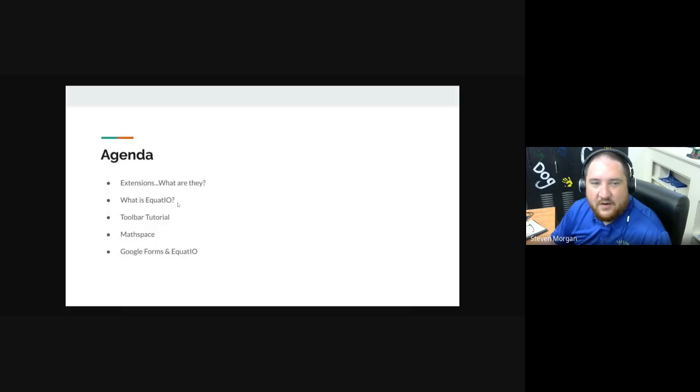We're going to talk about what is Equatio. We're going to talk about the toolbar that Equatio has and all the amazing features that are available to you. And then depending on time, because that will take quite a while, I hope to get plenty of time to use the math space as well as Google Forms and Equatio, using those things together.